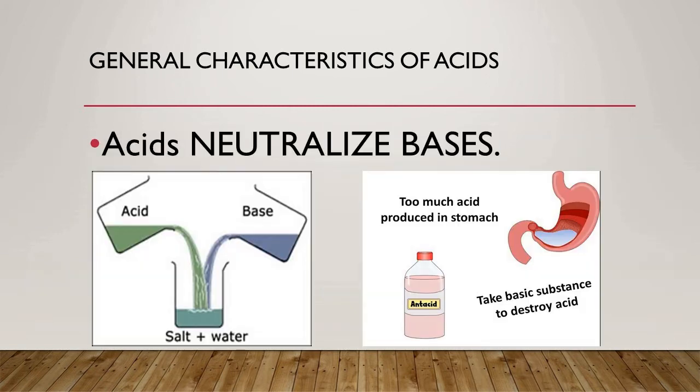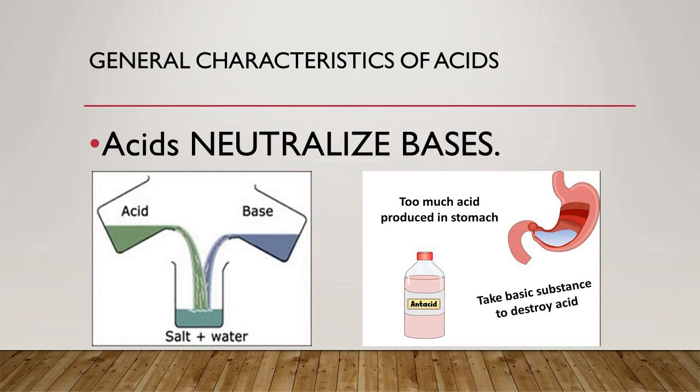Next, acids neutralize bases. When we say neutralize, it balances or it destroys. So, as you can see there in the picture, an acid and a base being mixed together neutralize each other or they balance each other.